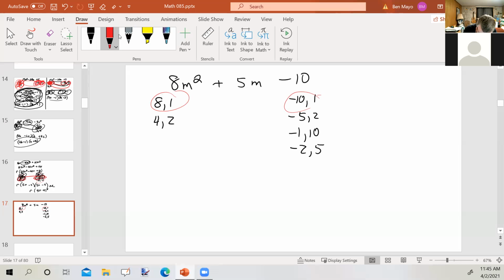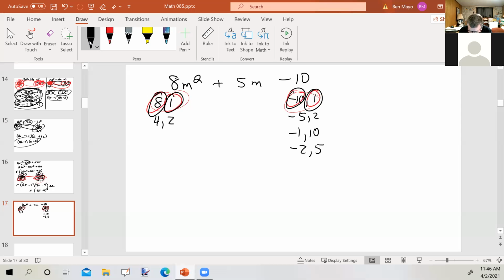For instance, this times this would be negative 80 plus 1, which is negative 79. Or 8 times 1, 8, and 1 times negative 10, negative 10. 8 plus negative 10 is negative 2. Unfortunately, I can't eliminate either one of those groups because I've got other possibilities to go.